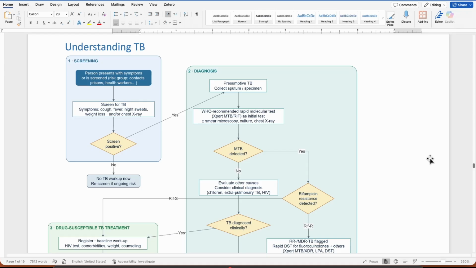Now, the first step is screening. Look for symptoms. If somebody has prolonged cough and productive cough, it has taken more than 2 weeks. If you have unexplained weight loss, or you have fever or night sweats, and these are all symptoms of TB, then you fall into the category of presumptive TB case, meaning it is presumed that you might have tuberculosis.